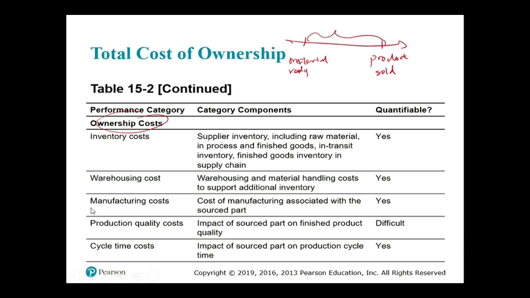And production quality cost, so this is particularly the part of quality penalty due to the sourced product. So as you can imagine, this is hard to trace down. Another part is the cycle time cost. Because of the characteristics of the sourced part, is it adding or subtracting from our cycle time?